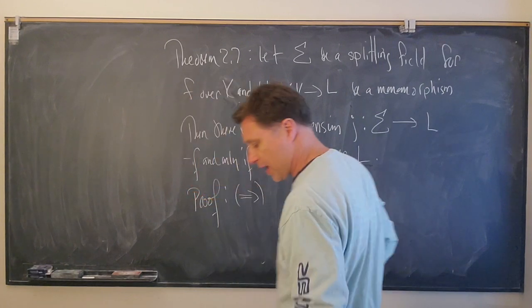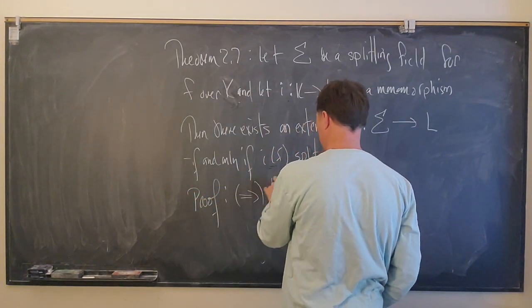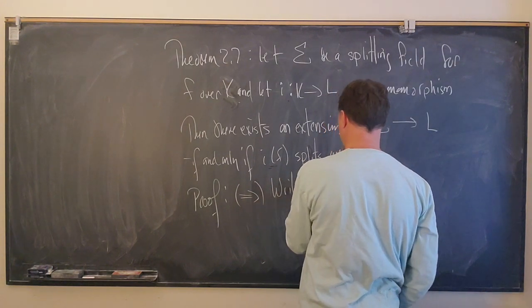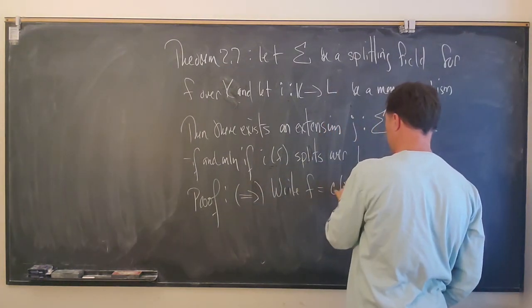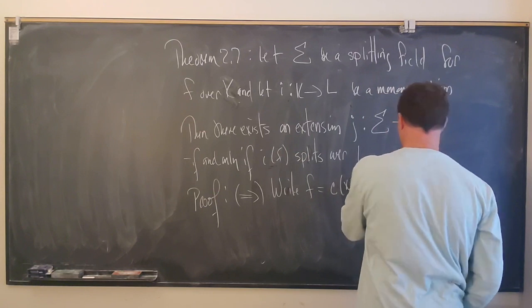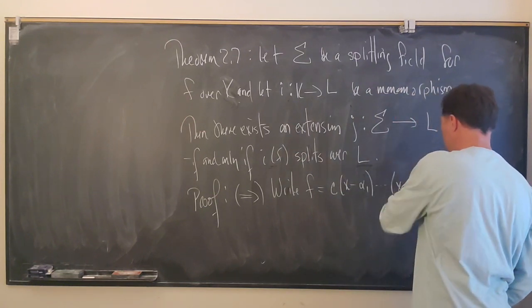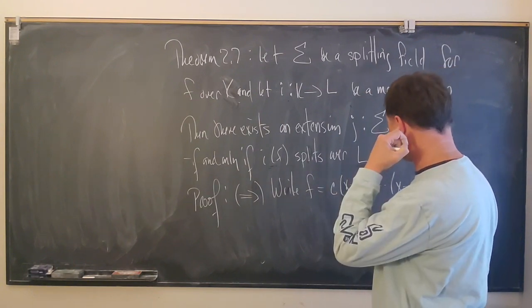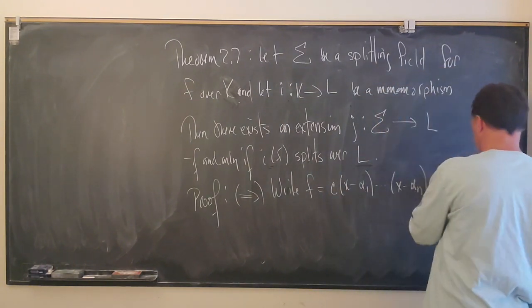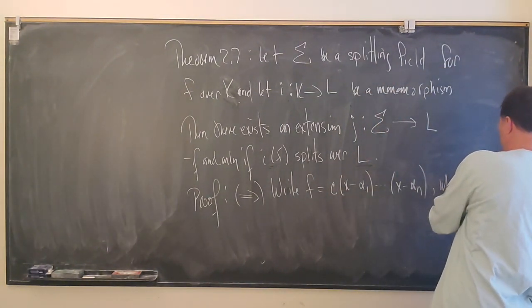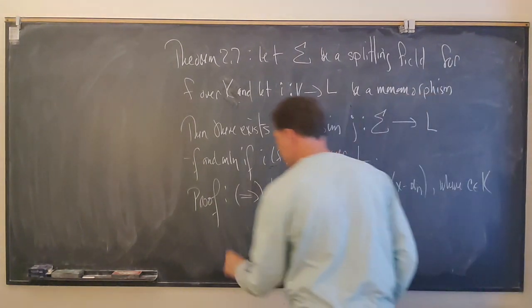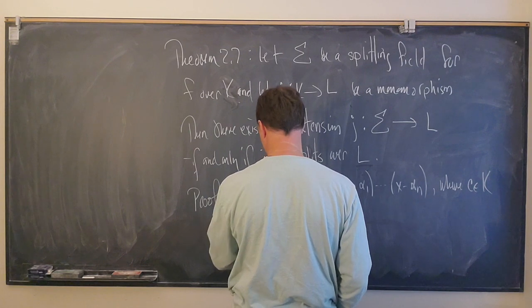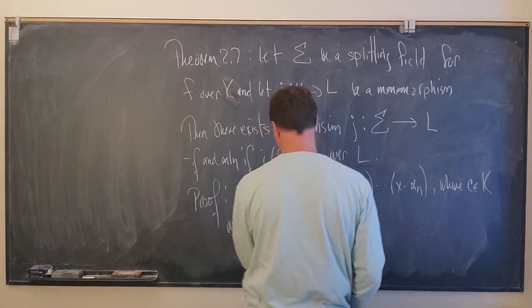So let's just write out f. Let's write f equal to c times x minus alpha 1 up through x minus alpha n. We've got a splitting field, and so f can be expressed in this way, where c is in k and each alpha i lives in sigma.